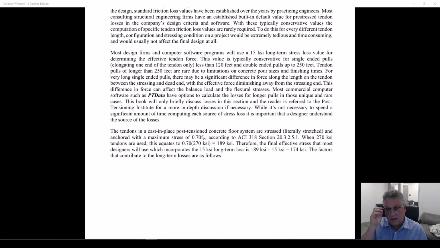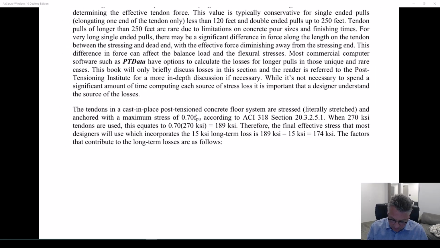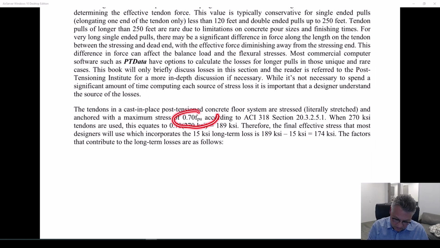And that's it. That's the extent of what you need to know about losses to actually do a design. Now, we're going to go a little more in depth than that, but we're not going to take weeks. We're not going to take hours. We're going to take minutes. The most important thing is that the code says after stressing and seating, you can have 0.7 FPU.